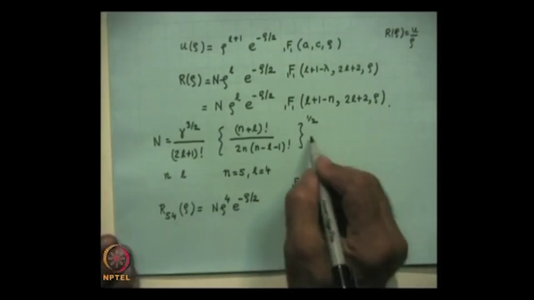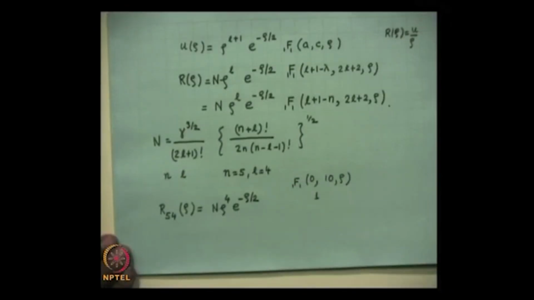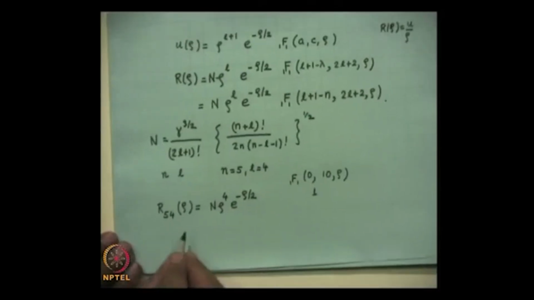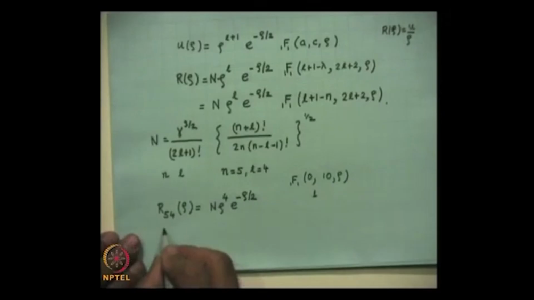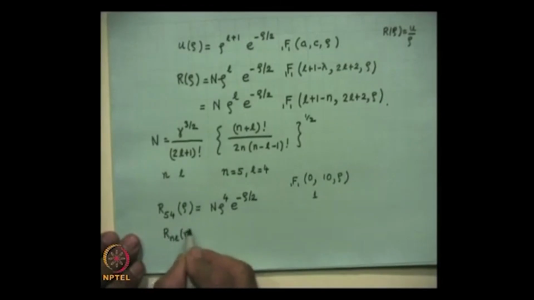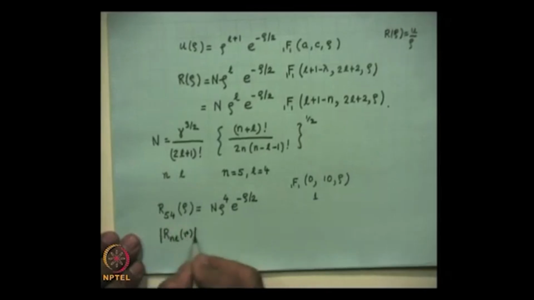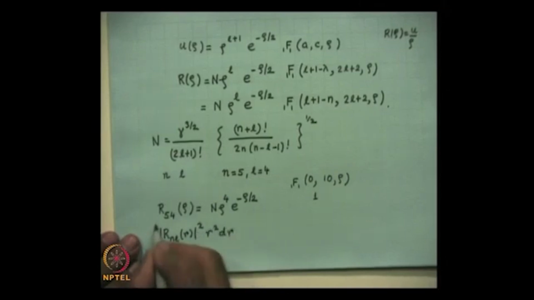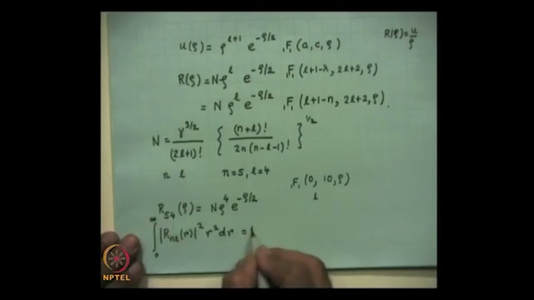If you do not want to remember this cumbersome formula, then you can immediately determine the normalization constant by saying that the integral of the mod square of R n L of r, r square dr from 0 to infinity, must be equal to 1.